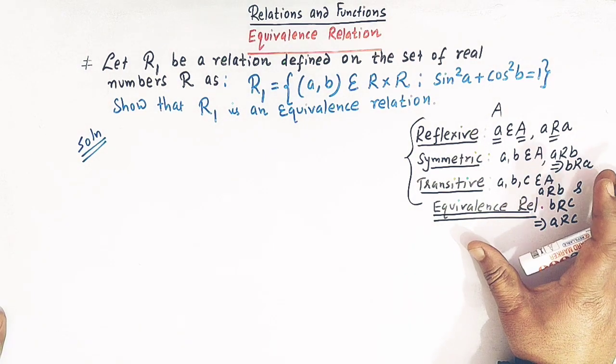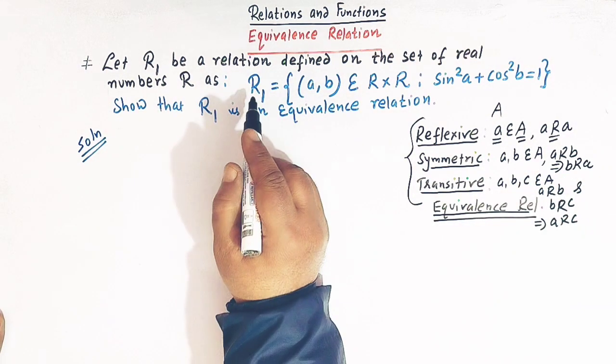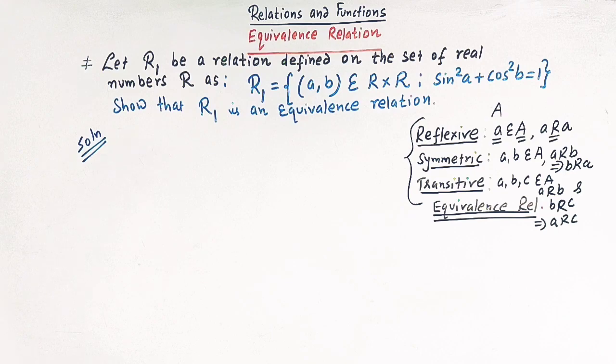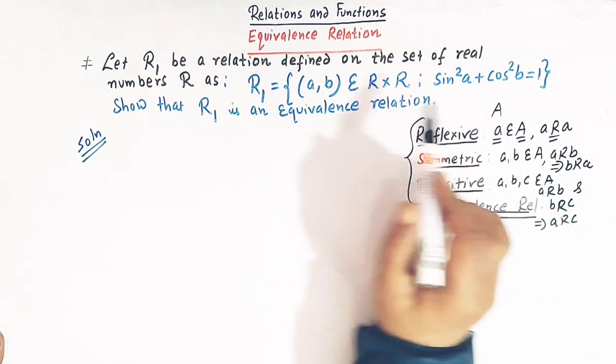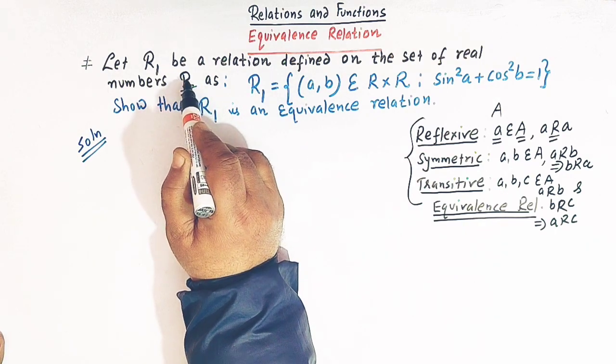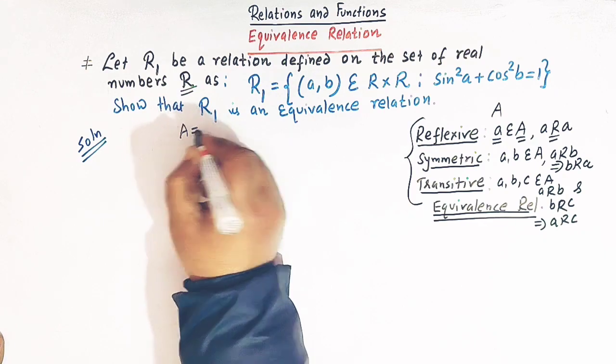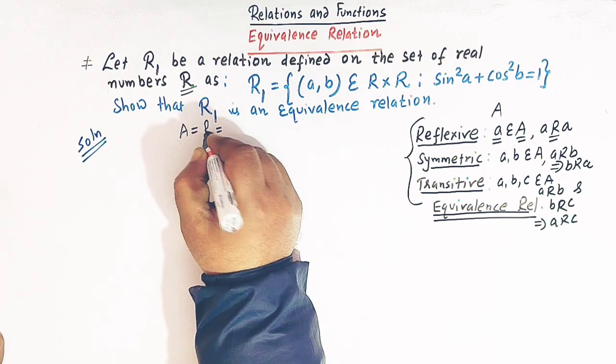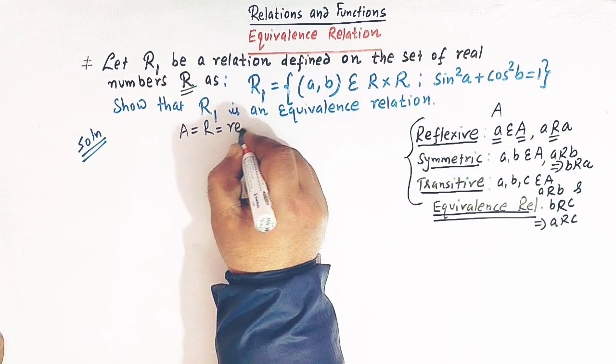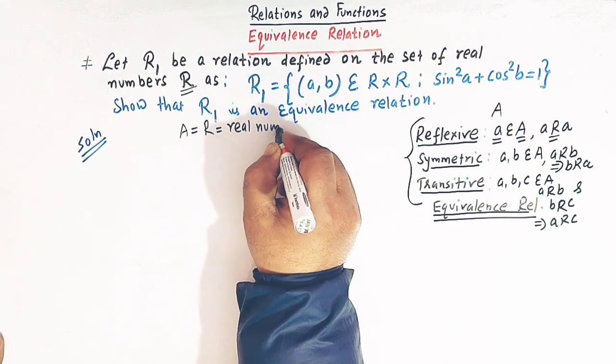So let us apply these definitions to this relation R1. Here, this set A is given to be the set of real numbers, right? So we have A equal to R, and R is the set of real numbers.